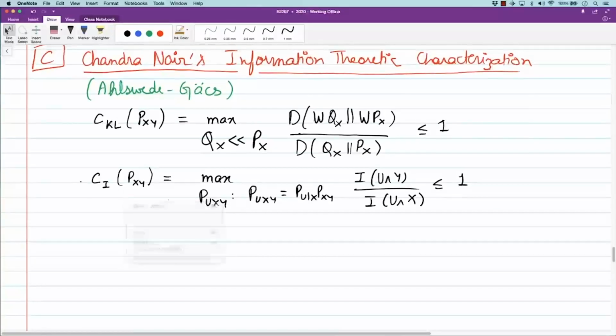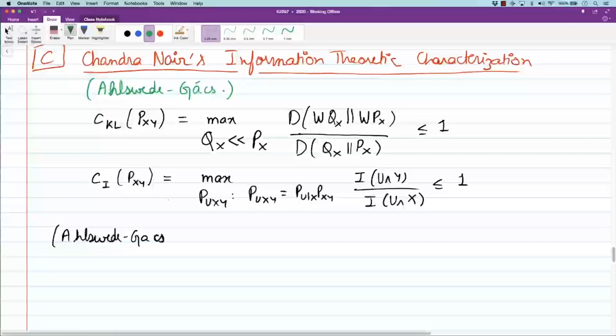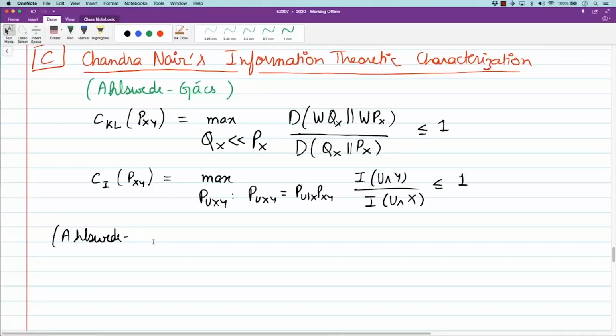It was shown by Ahlswede and Gács that this strong data processing constant for KL divergence is actually equal to the limit as p goes to infinity of sp of not xy but yx.